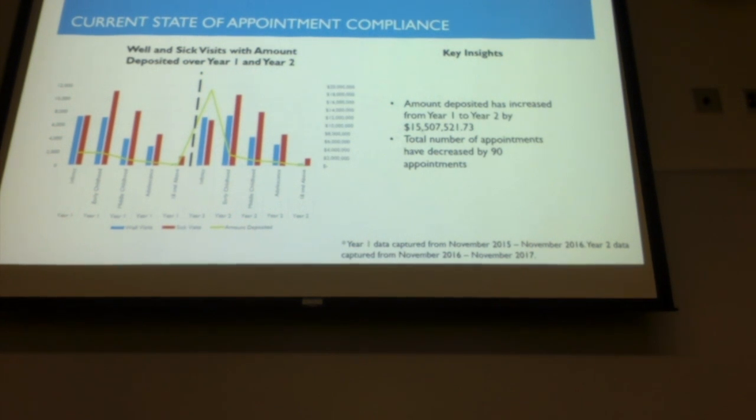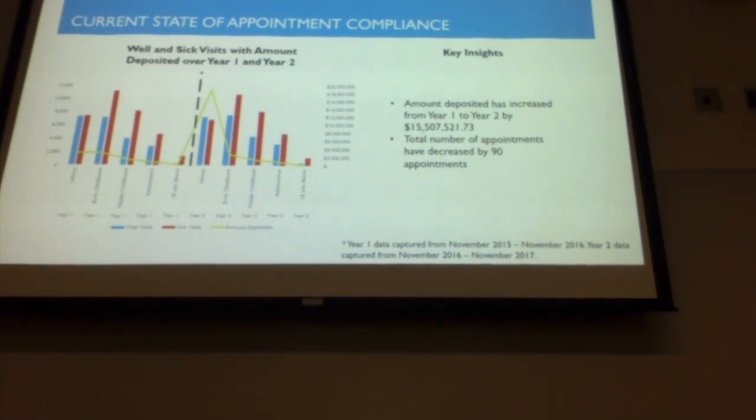So on the left side of the dotted line is year 1, with the breakdown of infancy, early childhood, middle childhood, adolescence. In Bright Futures, adolescence is comprised of patients ages 11 to 22, but for the purpose of our analysis, we broke that down into adolescents being 11 to 17 and adults being 18 and above.